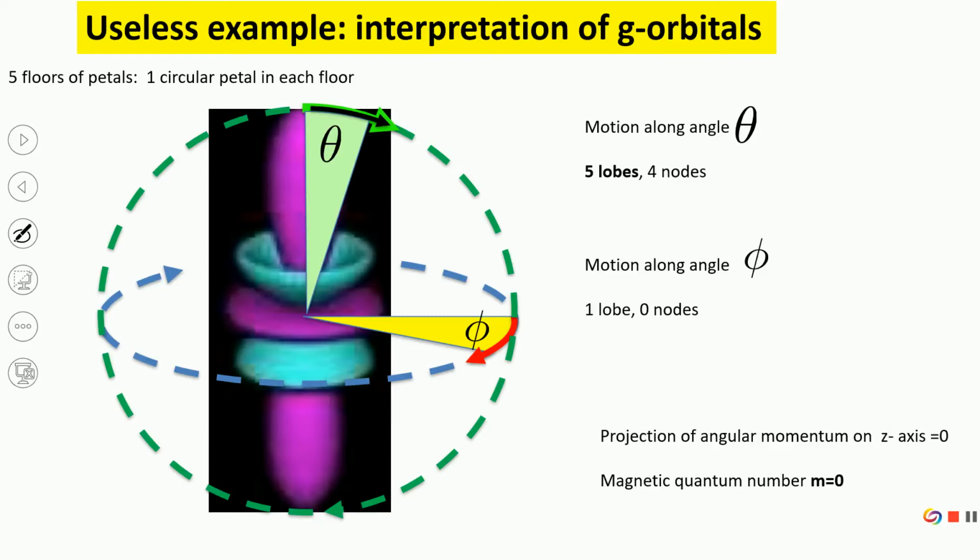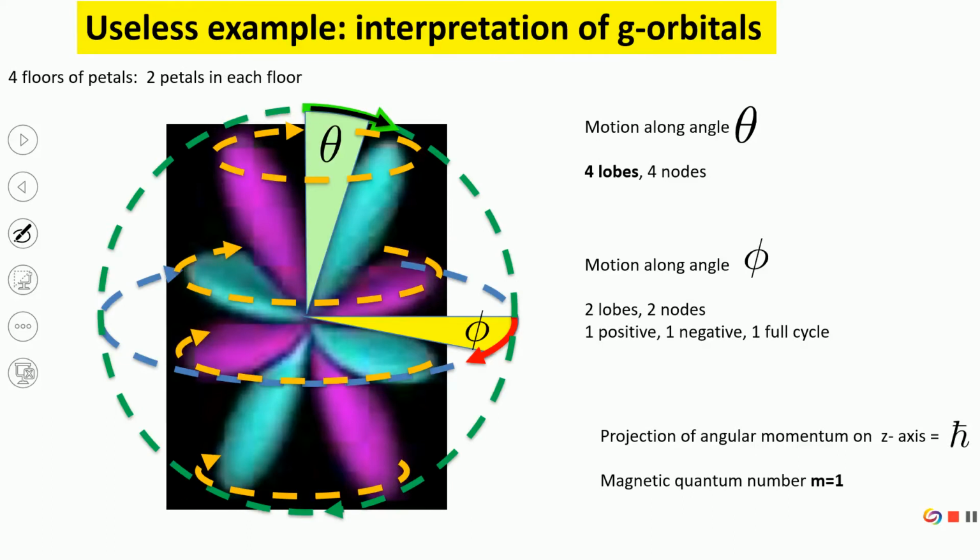Let's look at more examples, just to get a general idea. So now we have 1, 2, 3, 4 lobes in the out of plane direction.